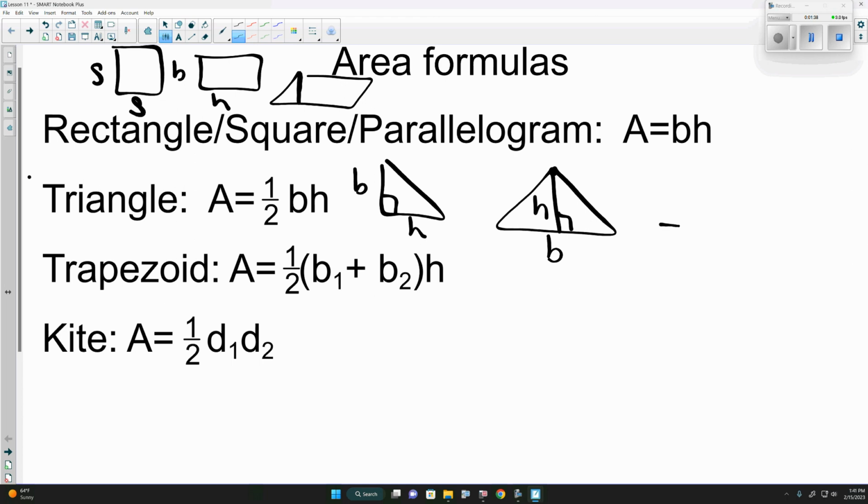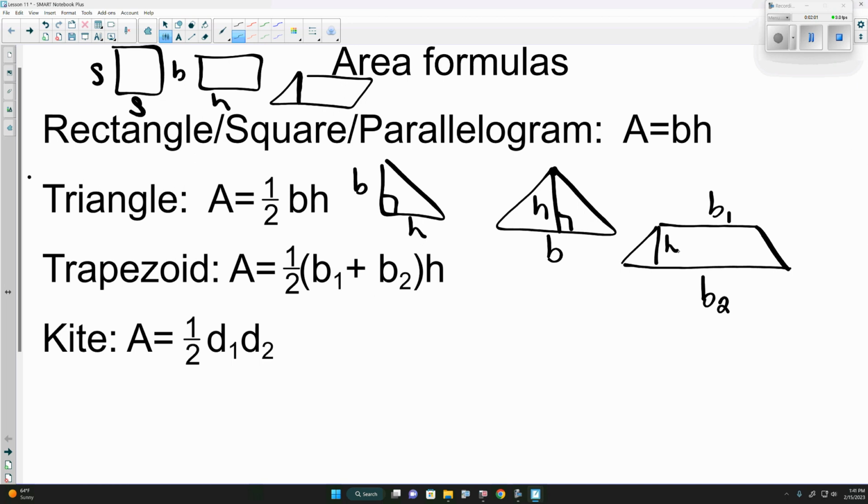Trapezoid. The area formula for a trapezoid is we add the two bases together, multiply them by the height, and multiply it all by 1/2, because the area of a trapezoid is 1/2 times base 1 plus base 2 times the height of the figure.